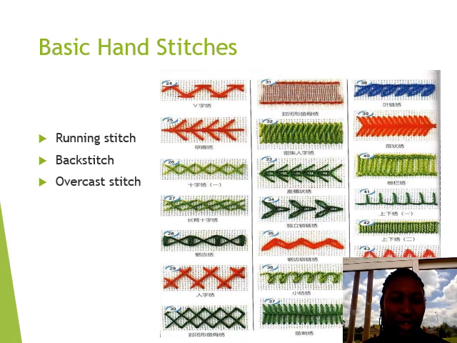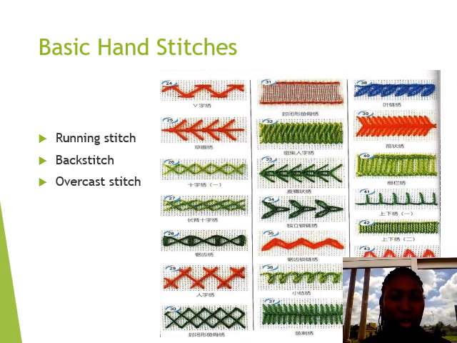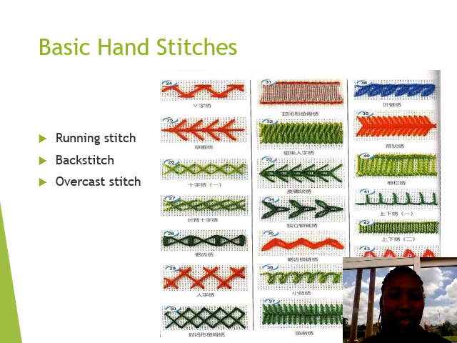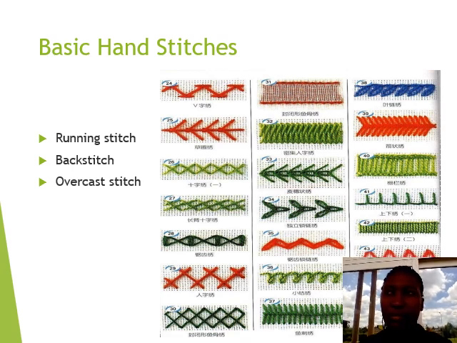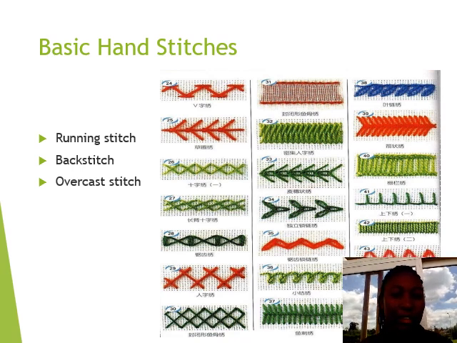A running stitch can be used on the side of a garment when stitching, or at the waistband. They are used to hold the pieces of fabric permanently.